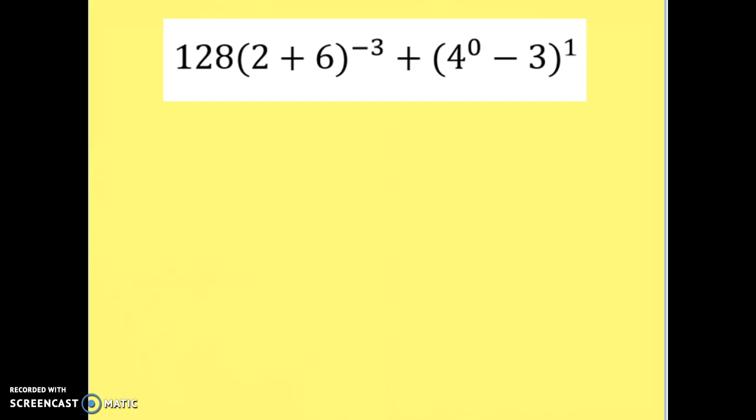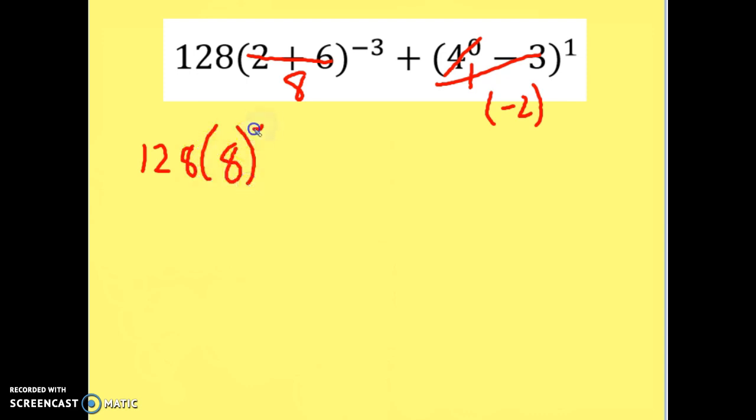All right, our third example here, let's go ahead and do our parentheses first. So this 2 plus 6 is going to change into an 8. 4 to the 0 power is a 1, and 1 minus 3 is -2. So now what we have here is 128 times 8 to the -3rd power plus -2 to the 1st power.